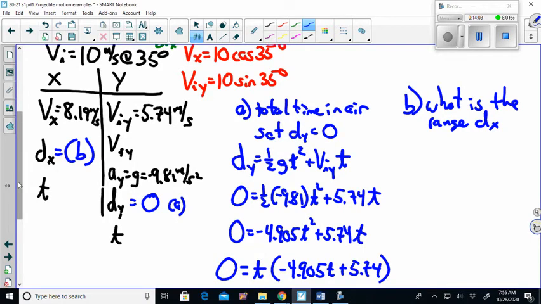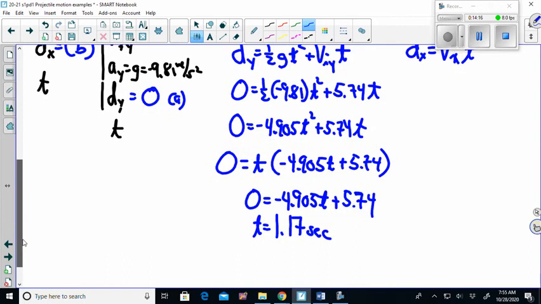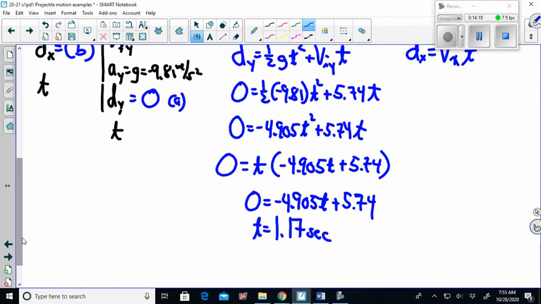In the x direction, I only have one equation to choose from. dx equals vx t. Now I have to be a little optimistic here, because the only way to find that is to use the time value I calculated in how long the ball was in the air. So if I got that one wrong, I'm going to get a carryover mistake, and I'm pretty confident in that answer.